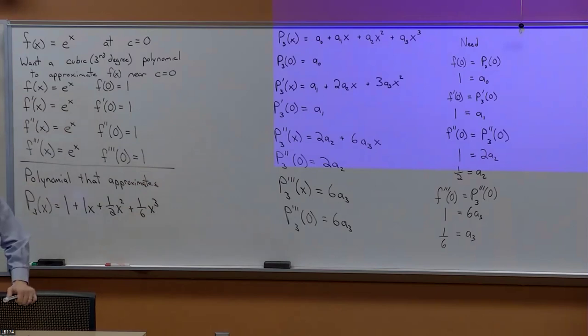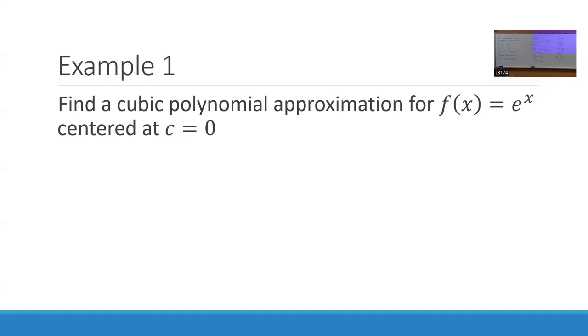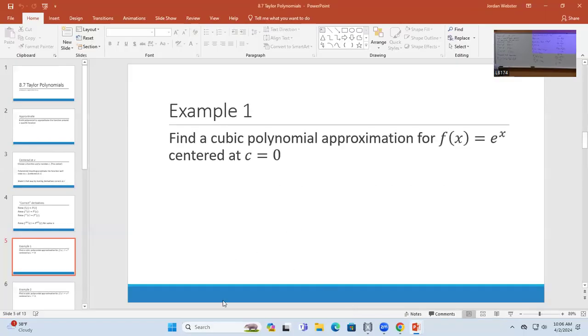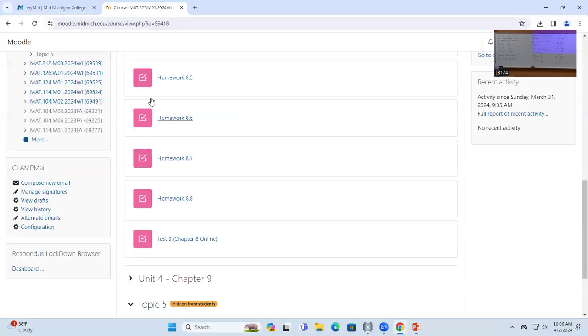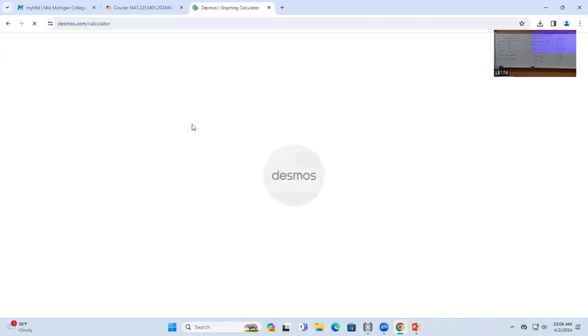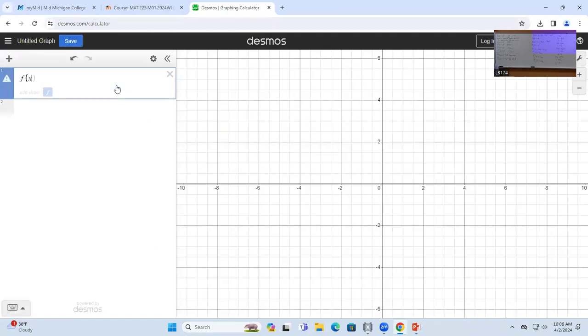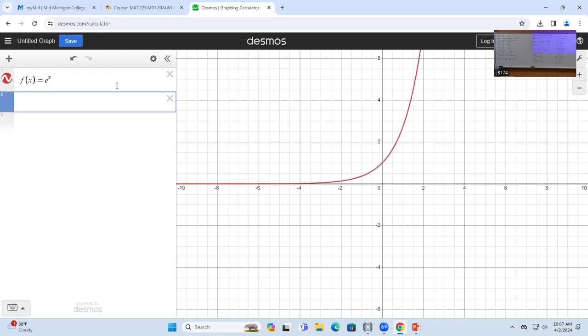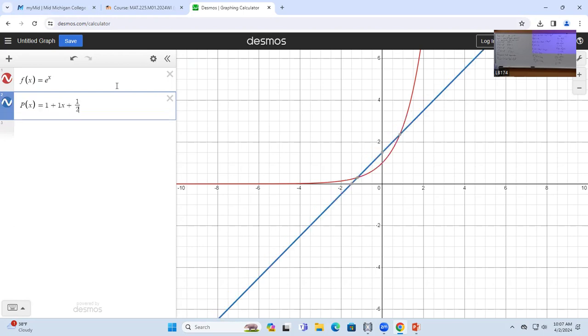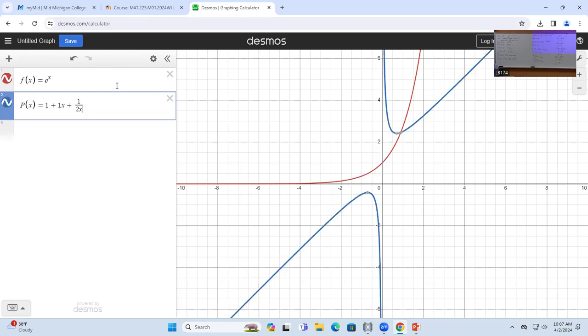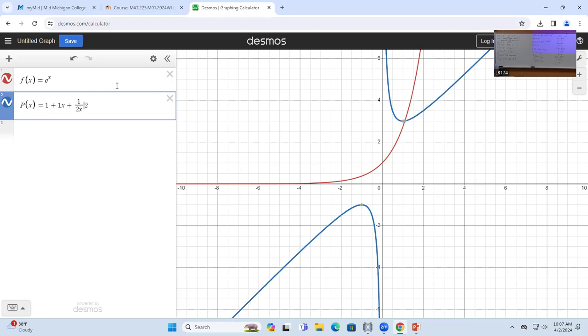So let's take a look at the graph of both my function and my polynomial.